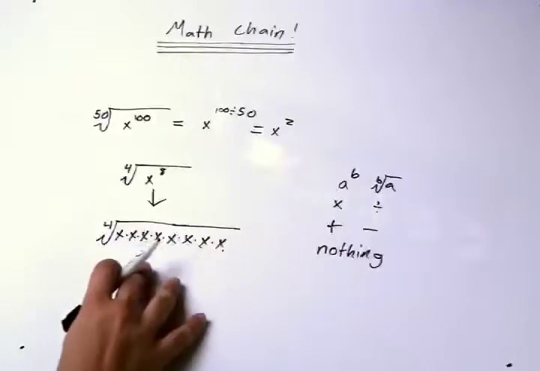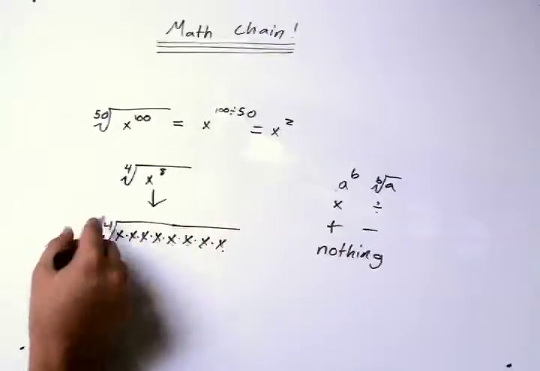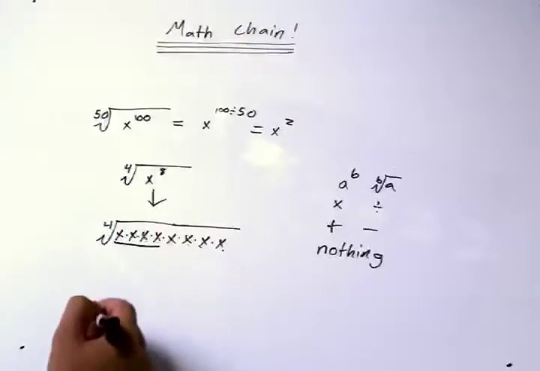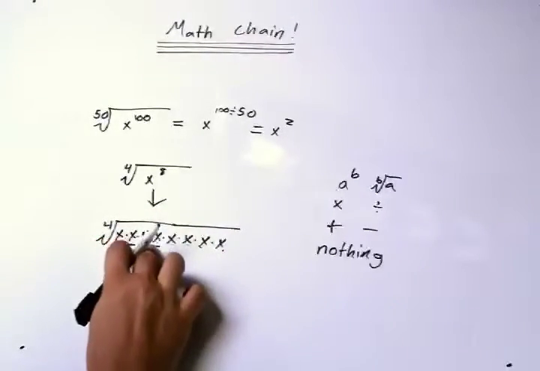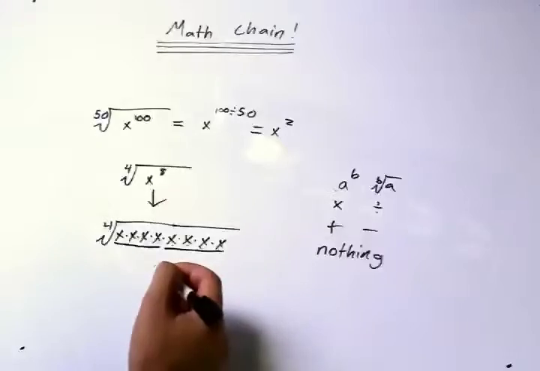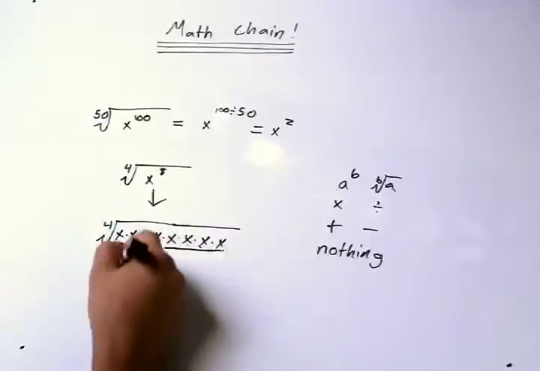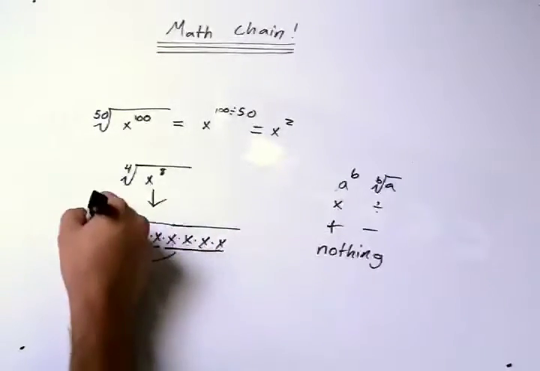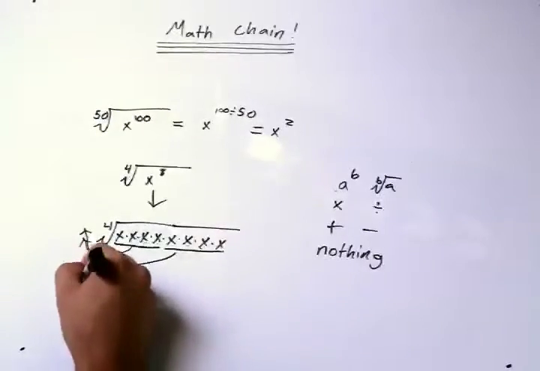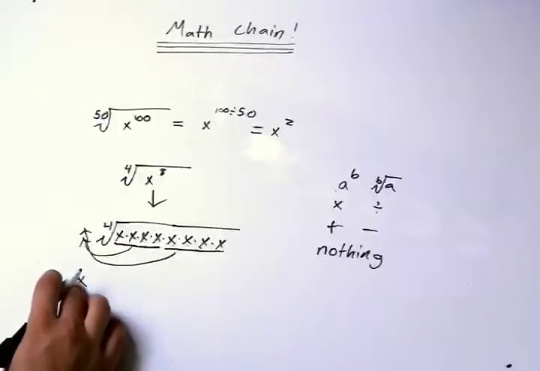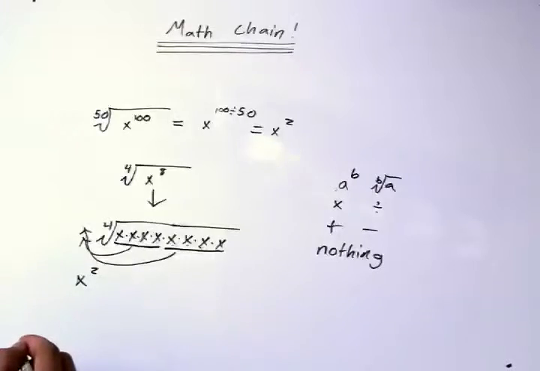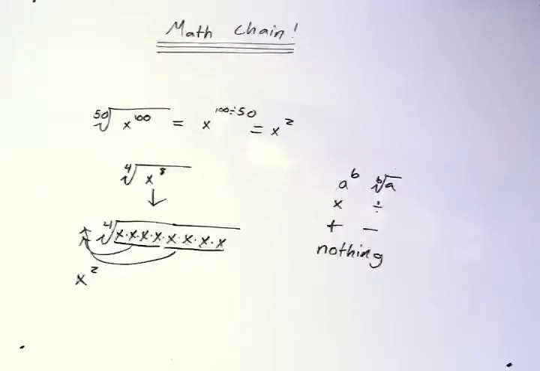Okay, just want to be sure I had the right numbers there. So I'm looking for sets of 4. There's one set, 2, 3, 4. There's another set, and I can see I have 2 sets that I can pull out with nothing left over, meaning I would have a set of x and another set of x would turn into that.